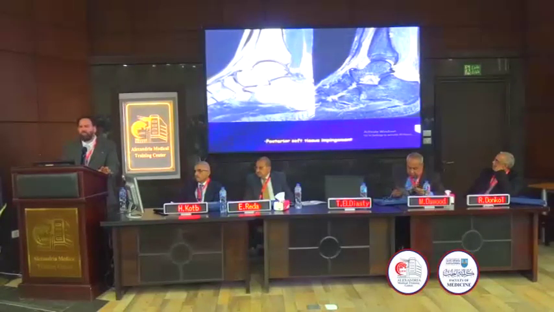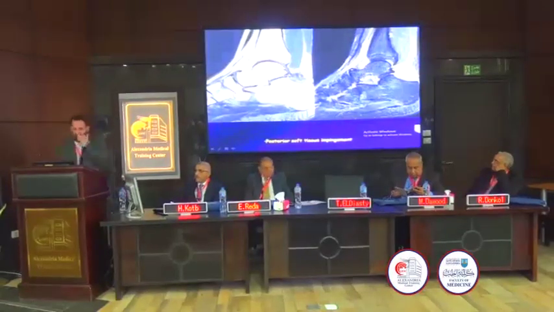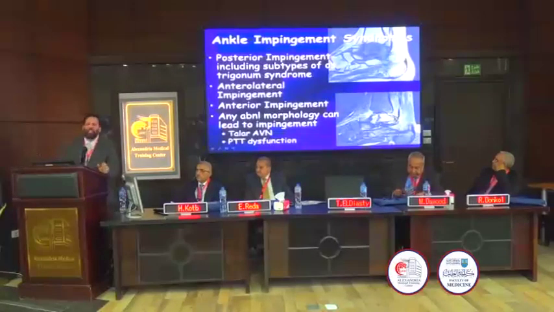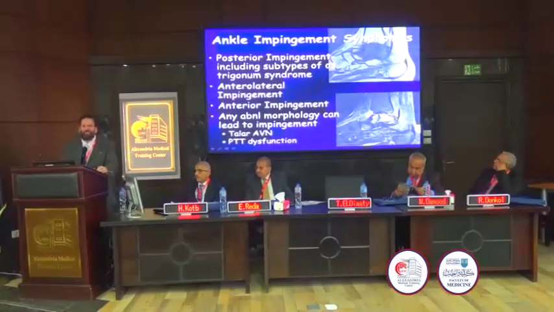So this is posterior soft tissue impingement, and the thing you would think about would be rheumatoid arthritis, because inflammation here typically comes from the subtalar joint. So in the ankle or hindfoot, we have posterior impingement, anterior impingement, and anterolateral impingement. Those are the three common locations.